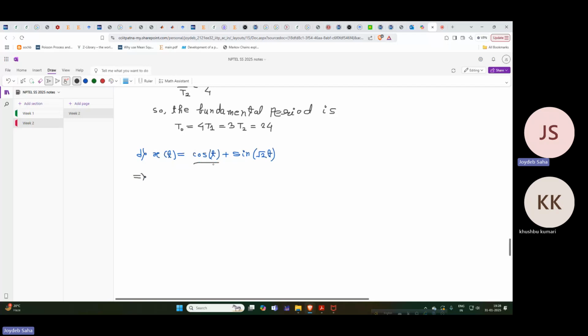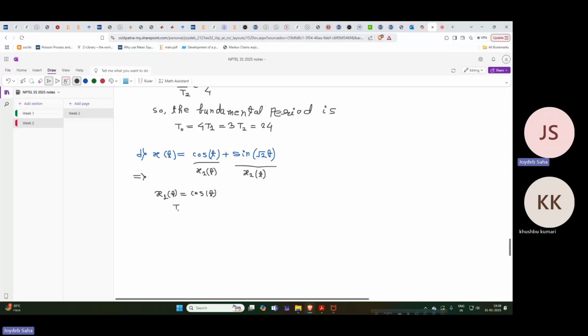Again, let us consider x1(t). Other students, please try to solve also. So x1(t) is cos t.